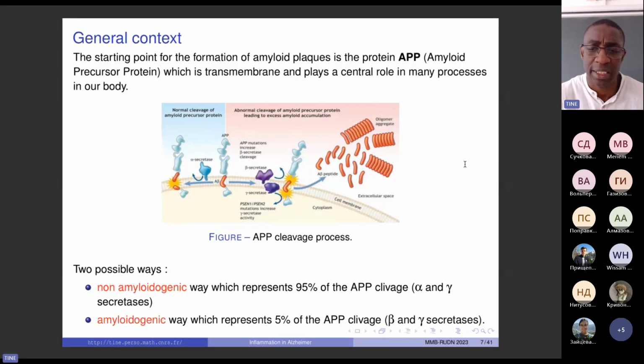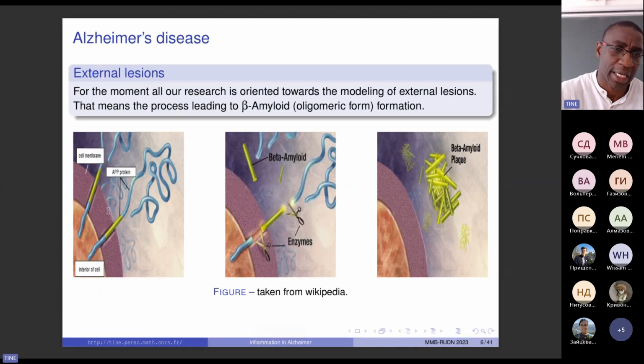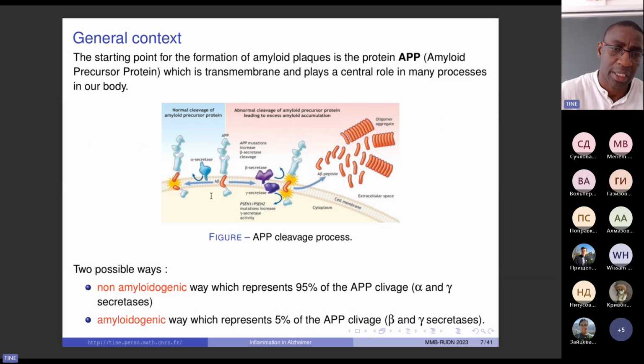The process starts with the transmembrane protein APP, which is here. There is a cleavage of this transmembrane protein. The normal cleavage is done by two enzymes, the alpha secretase and the gamma secretase.